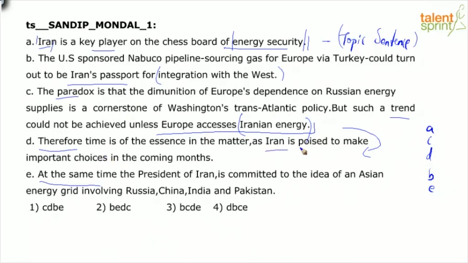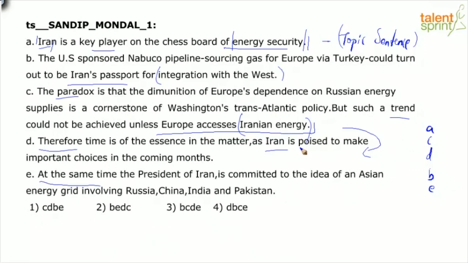Because Iran is trying to make some important choices or decisions. So it's important for us to hurry up. So what are some of the important choices that Iran is planning to make in the coming months? B expands on that.